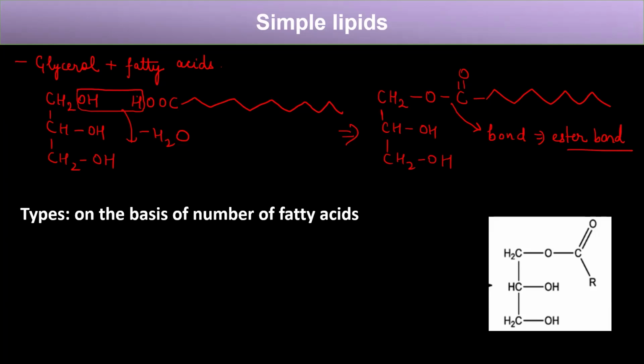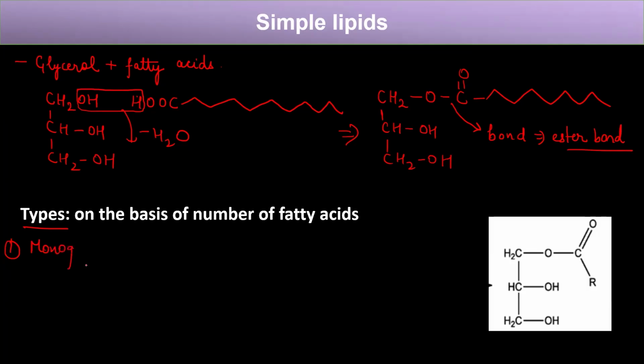Now, the simple lipids are of three types based on the number of fatty acids they have. The first type is known as monoglycerides.